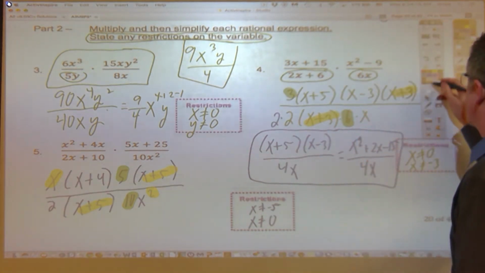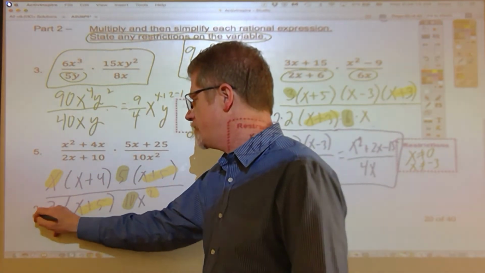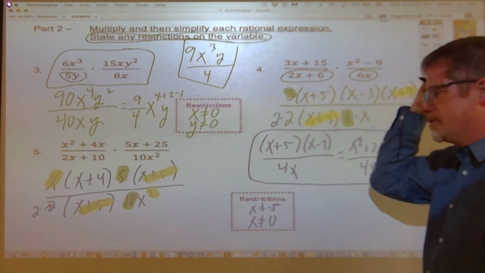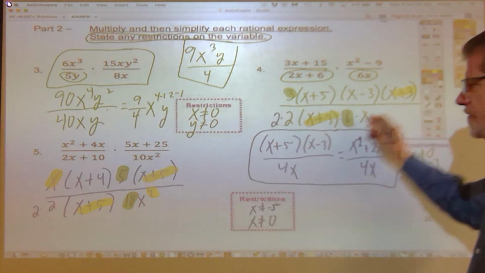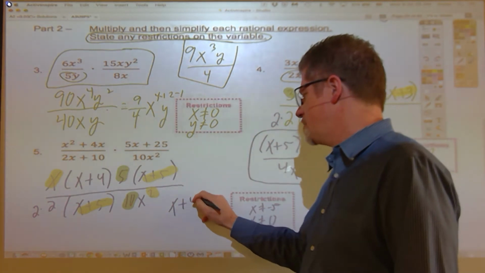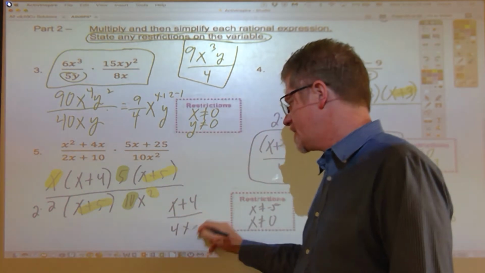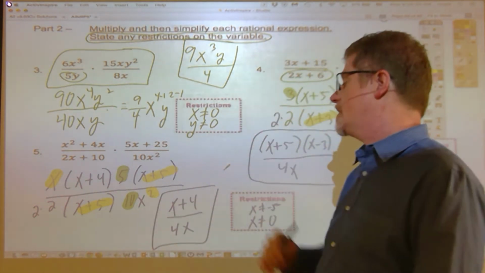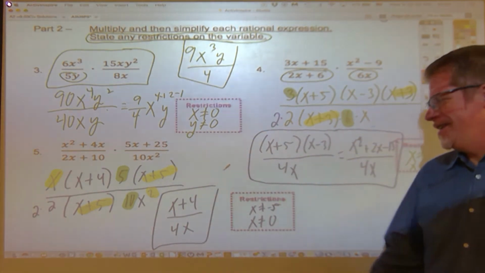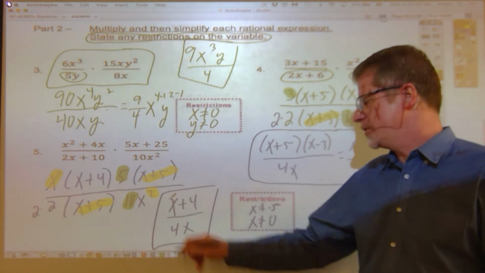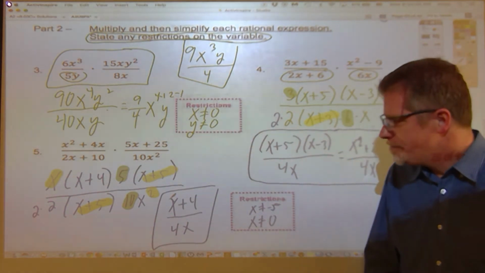So 5 and 10 cancel, provided you're willing to multiply by a factor of 2. So it appears that the final answer upstairs, we're down to x plus 4, downstairs is 4x. And the 4's do not cancel, neither do the x's cancel. So x plus 4 over 4x.